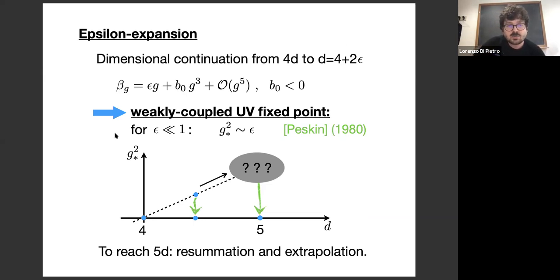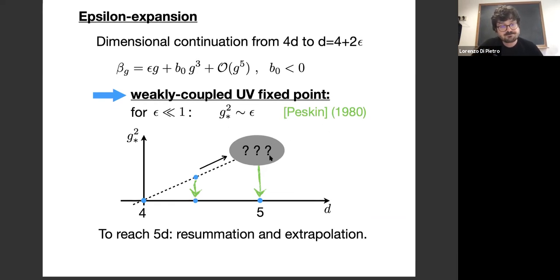And as a result, we can find a weakly coupled UV fixed point, which is under parametric control when this parameter epsilon is very small, where G squared at the fixed point is of order epsilon. And this was first pointed out by Peskin in a paper of 1980.